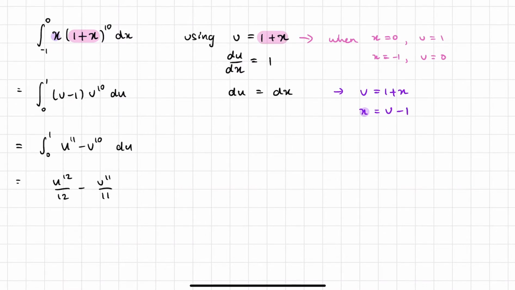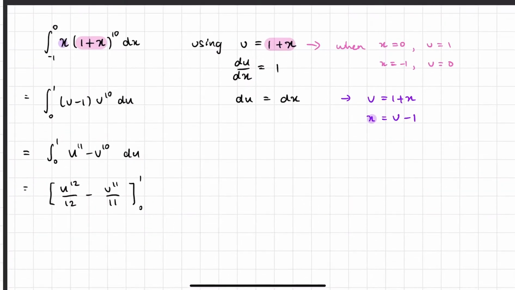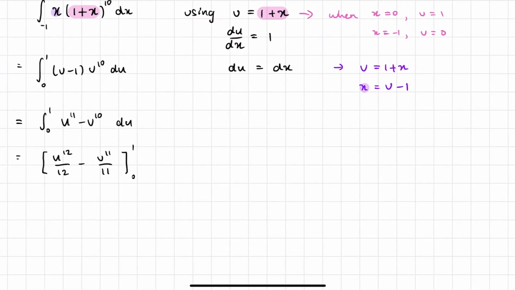And now when you get to this step, so hopefully you remember how to do definite integrals. Put square brackets and we're going to put the upper and lower limit, and now we're going to evaluate it. So if you see a question that has any definite integrals, you should finish off with some sort of value. So 1 over 12 minus 1 over 11 minus, if you sub 0 in there, we should get 0.